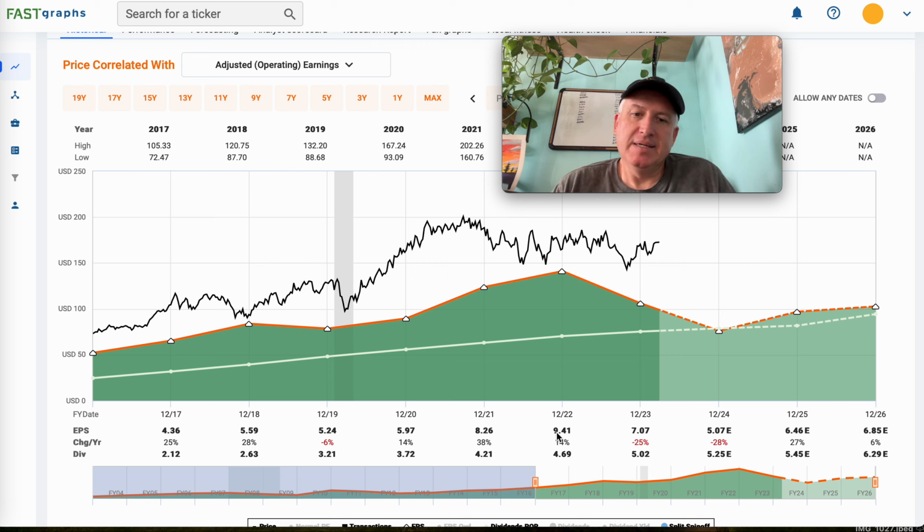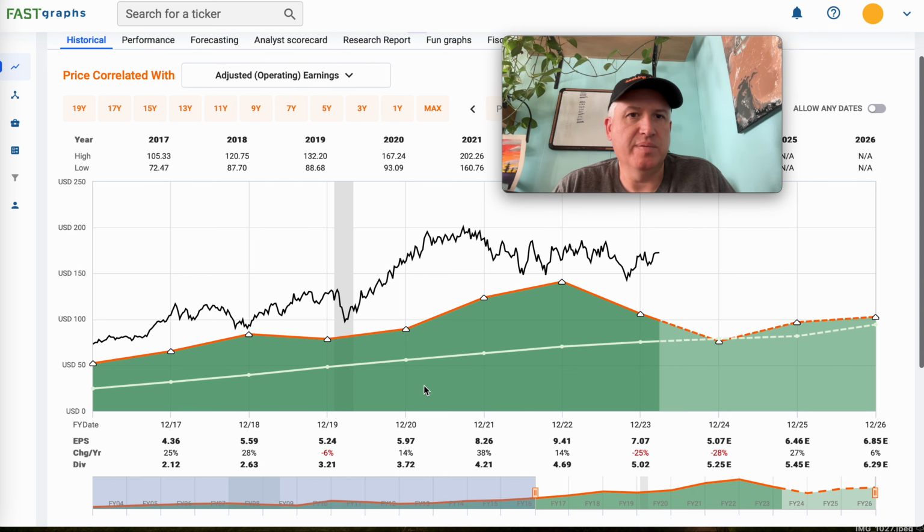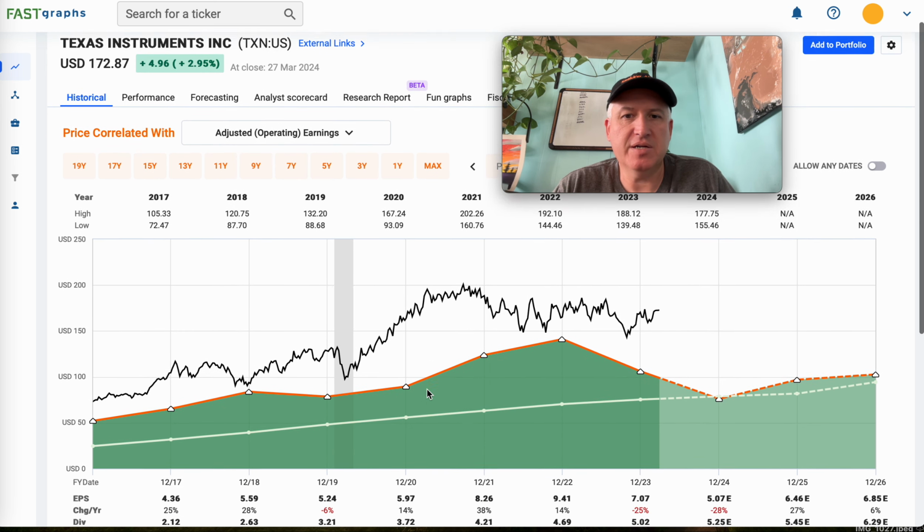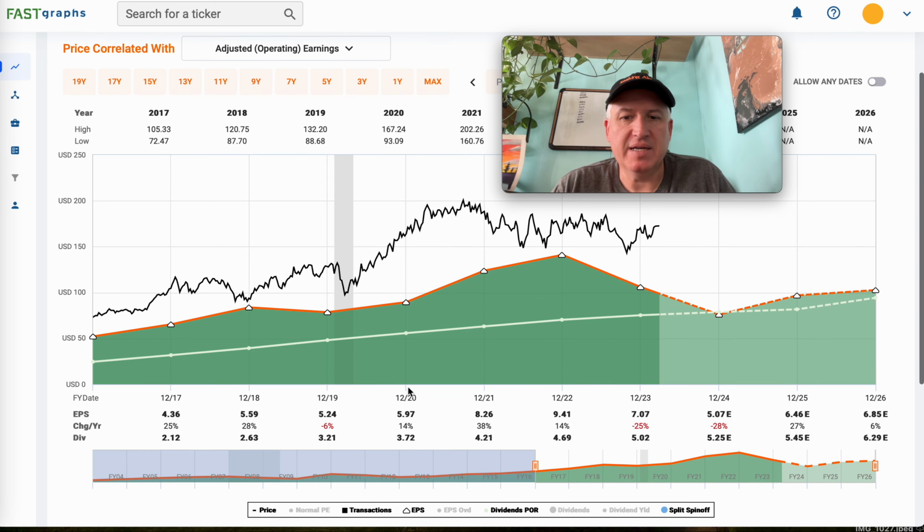So what's important to point out about this is really a boom-bust from the pandemic. So we had pandemic stimulus, we had demand for all the stuff. Remember, we had a semiconductor shortage. Texas Instruments, part of their business is making equipment to make semiconductors. So we would expect that they would see more demand for their products, which they did, and they got these big earnings boosts.